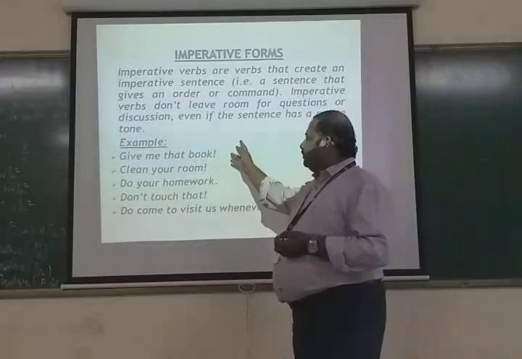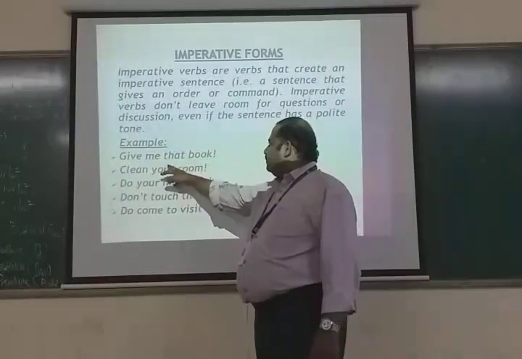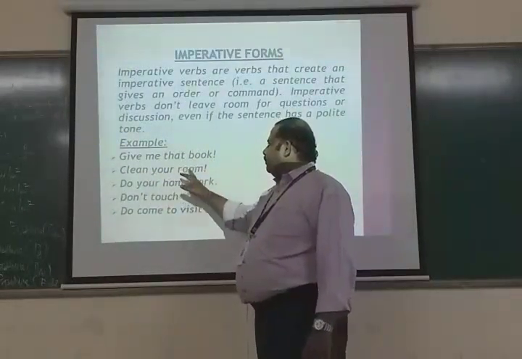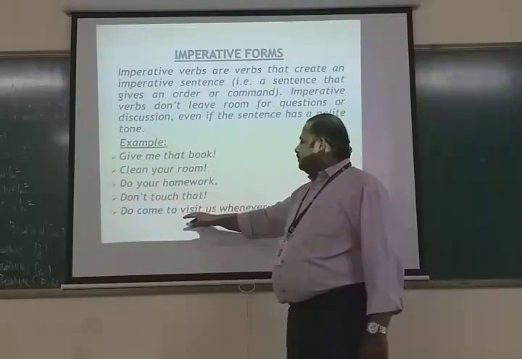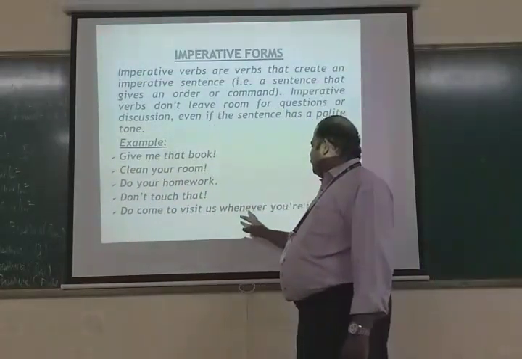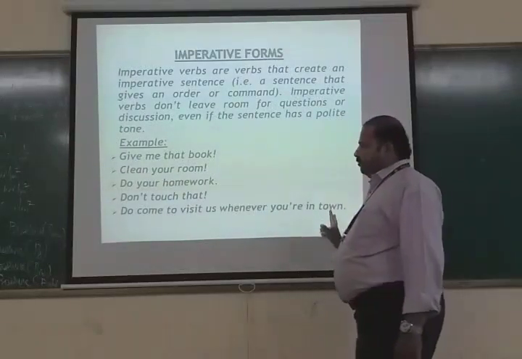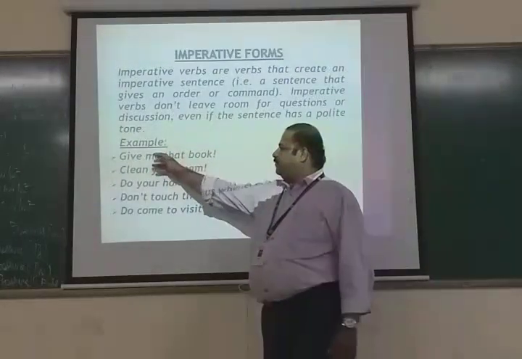Okay. For example, give me that book. Clean your room. Do your homework. Don't touch that. Do come to visit us whenever you are in town. So listen here. The first part of the sentence.